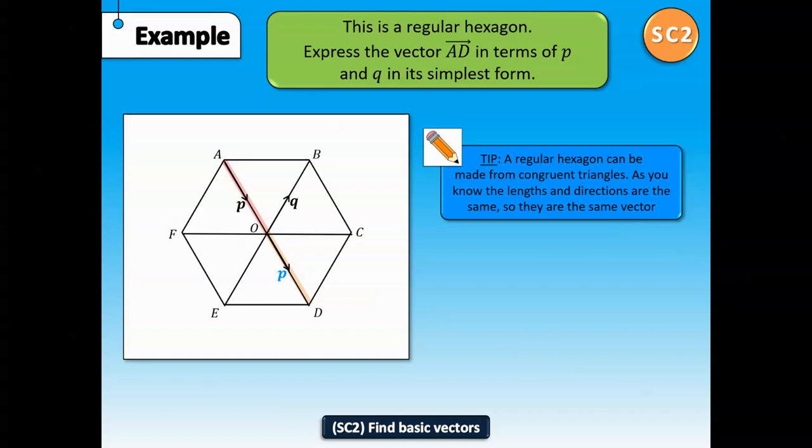So to go from O to D will also be P, because it's exactly the same as the vector A to O. As will these vectors. So to go from A to D, we go from A to O, which is P, and then from O to D, which is P again. So to go from A to D is 2P.